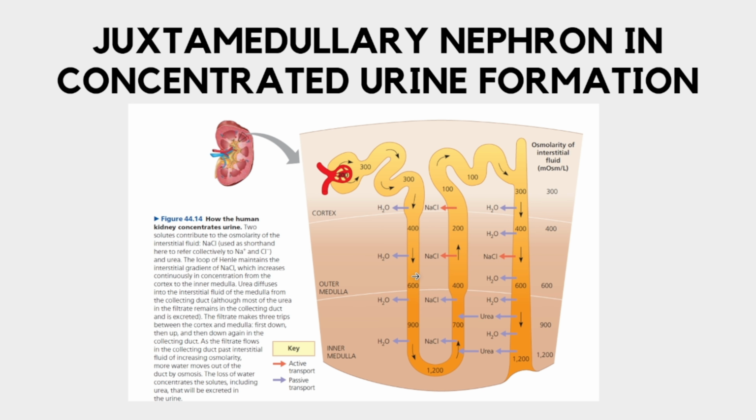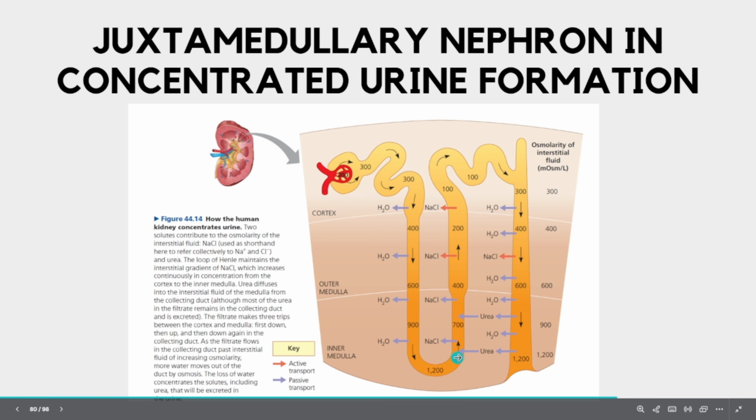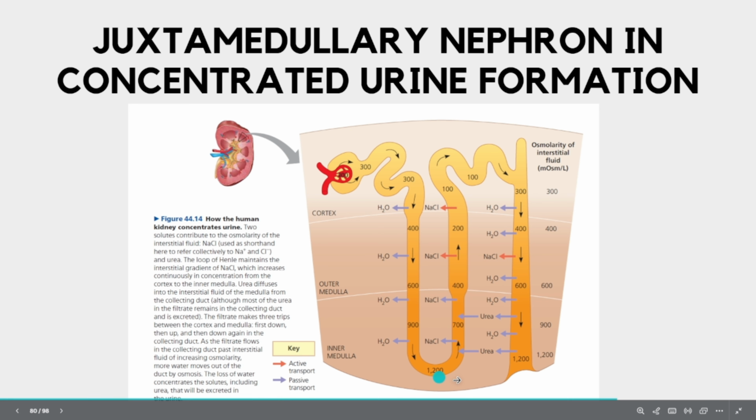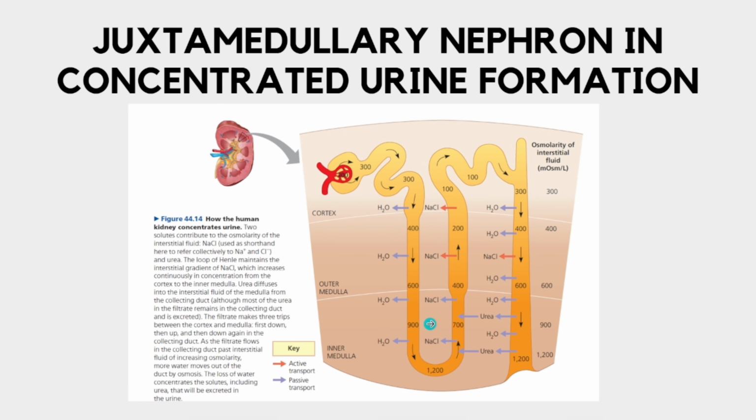So diffusion of salt out of the tubule is maximum as the filtrate rounds the curve and enters the ascending limb, which is permeable to salt but not water. NaCl diffusing from the ascending limb helps maintain a high osmolarity in the interstitial fluid of the medulla. The countercurrent system of the loop of Henle involves active transport and thus an expenditure of energy.